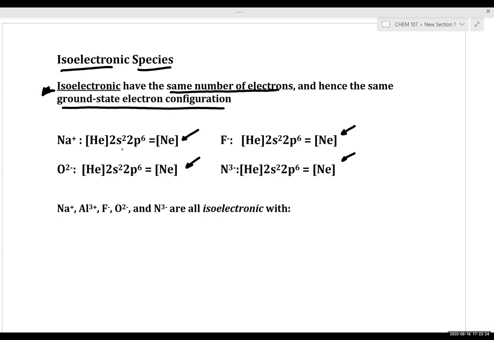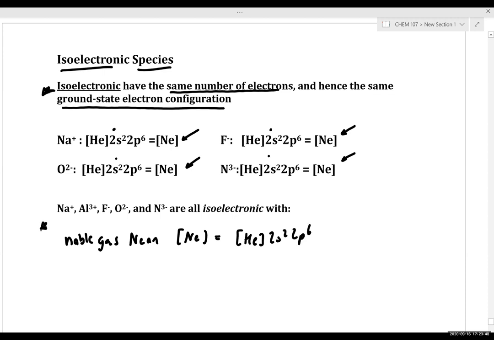What electron configuration or what number of electrons matches the number of electrons observed for each of these ions? All of these ions are isoelectronic with the noble gas neon, which has a configuration helium 2s2 2p6.